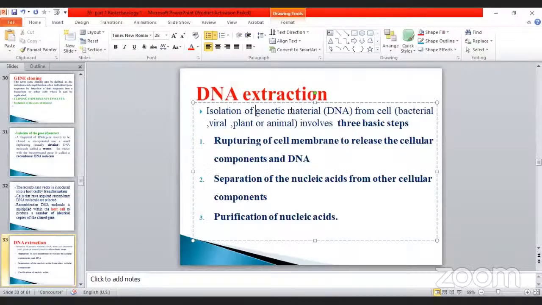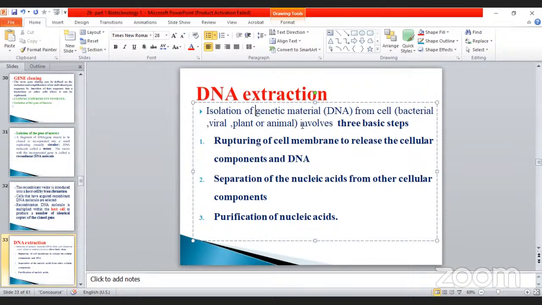Okay, so see here, DNA extraction: the isolation of genetic material, DNA, from a cell, bacteria, virus, plant or animal. I already told you that. From any one of the plant or animal sources, we have to isolate the genetic material. As you know, DNA is genetic material, RNA is also genetic material, but it is not complete, isn't it?